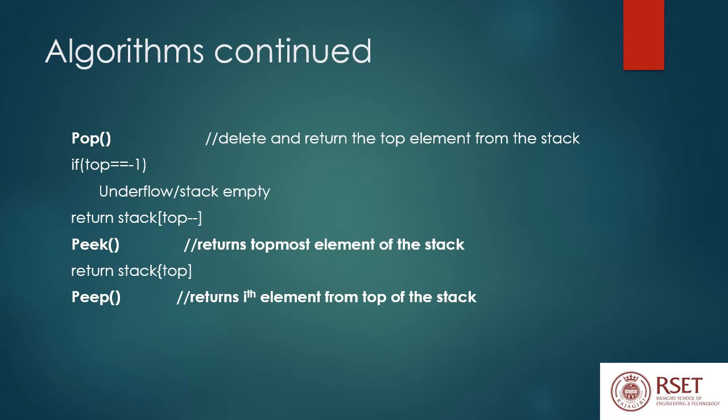So if the value of top equals -1, that means the stack is empty. So there is no point in trying to pop out an element from an empty stack. So you can directly give a message, stack is empty. Otherwise, you can return the topmost element from the stack because it's a matter of deleting the element, and you can decrement the value of top by 1. That is stack of top minus minus.